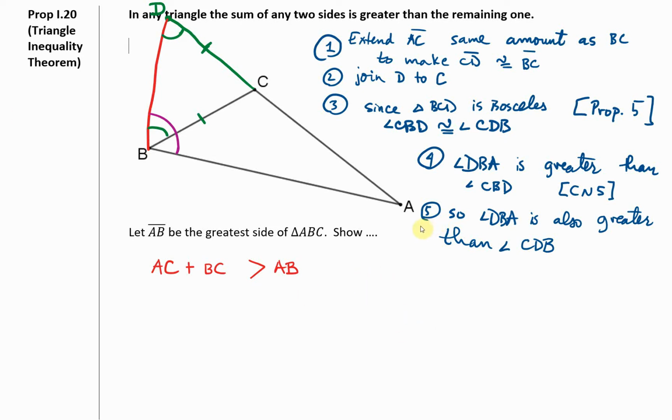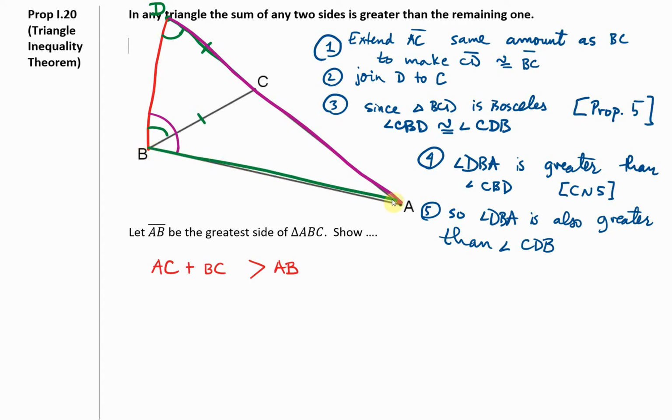If you look at step 5, and if you look at the big triangle for a minute, since the purple angle is greater than this green angle, let's see if I can use my color coding to help illustrate. The purple angle is greater, so this line segment right here must be greater than this line segment right here.